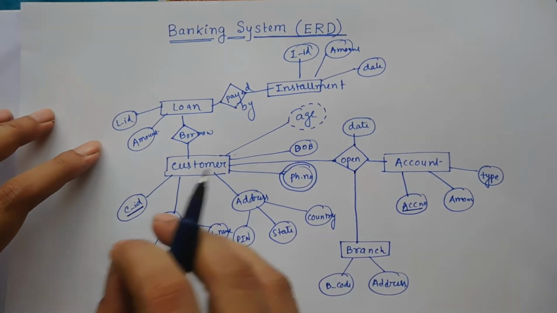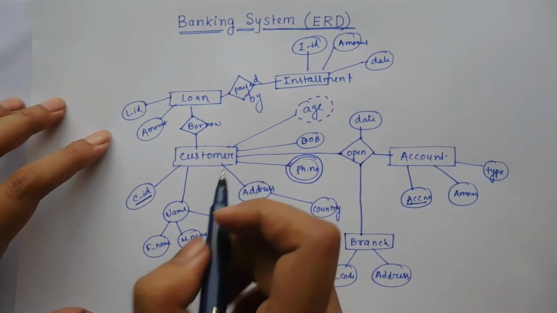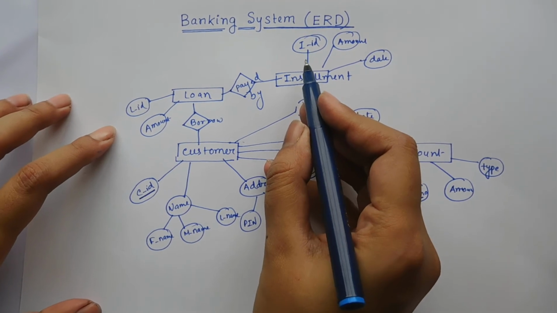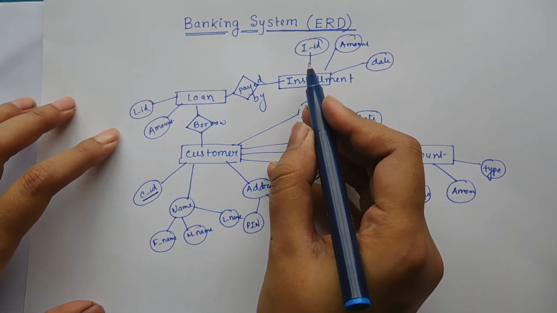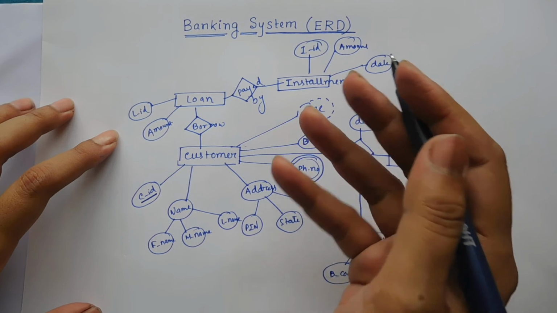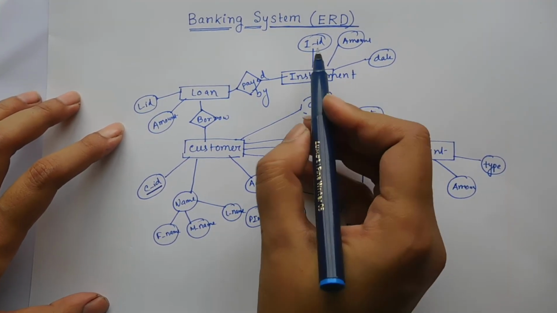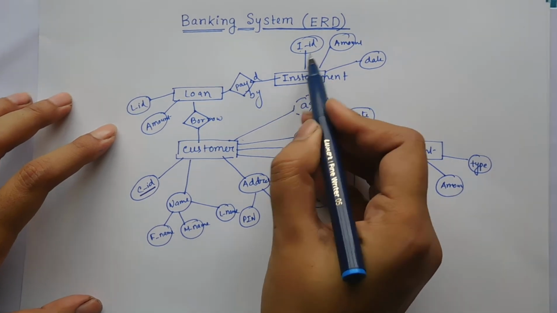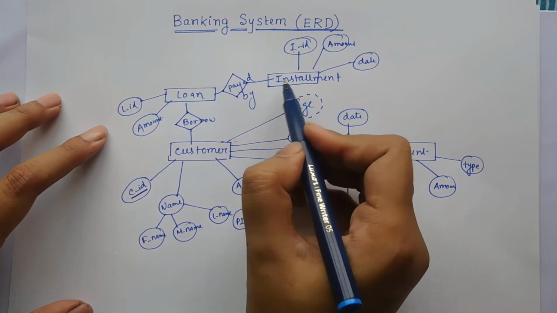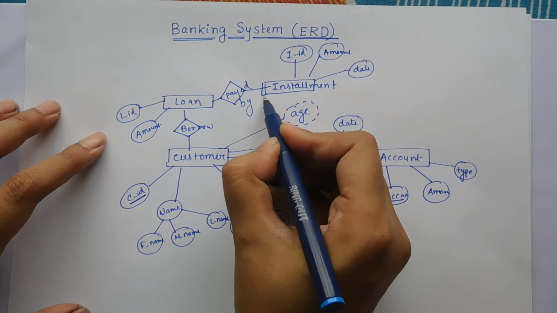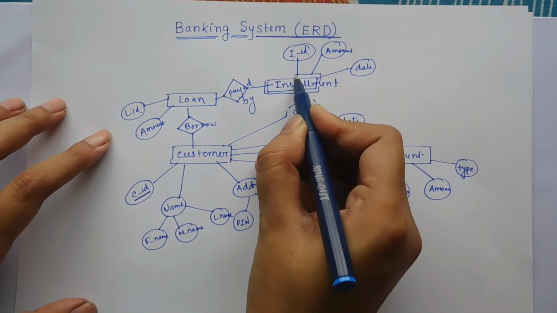Here installment has these attributes, but installment ID cannot be the key attribute because it can't define which loan of which customer. So this is called a partial key, not the primary key. And installment, this entity, is called a weak entity.